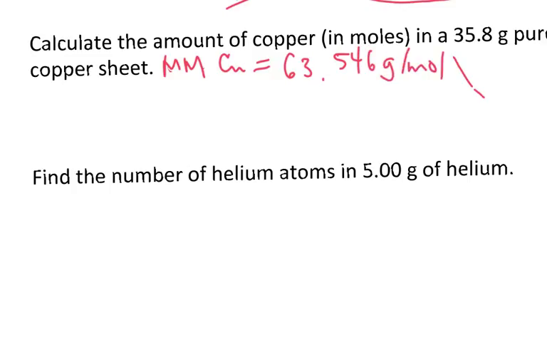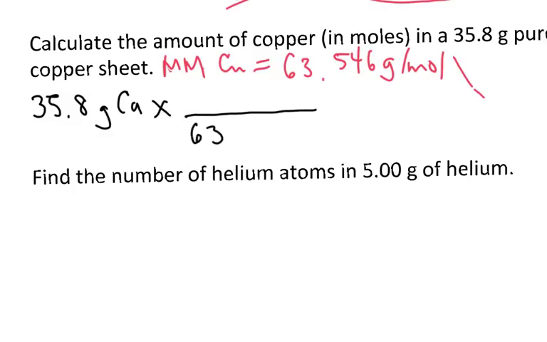And again, we're going to start with our given unit. Our given unit is 35.8 grams of copper, so grams of Cu. We're going to use molar mass as a conversion factor. This time, though, grams is going to be on the bottom because we want grams to cancel out. Grams of copper for every 1 mole of copper.